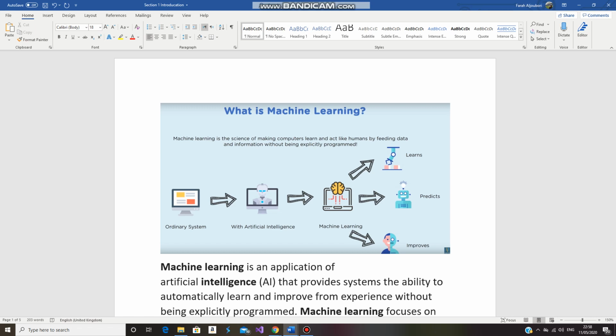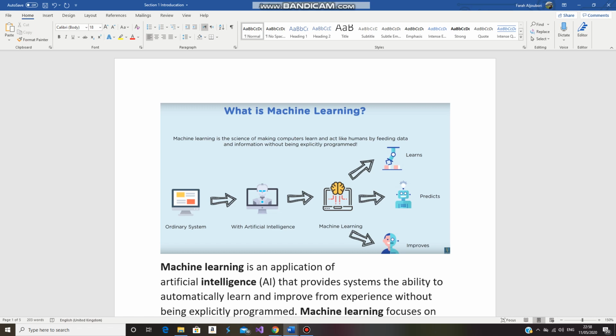Machine learning is the science of making computers learn and act like a human, like artificial intelligence. How do I make the computer smarter and act like a human to make life easier through machine learning?